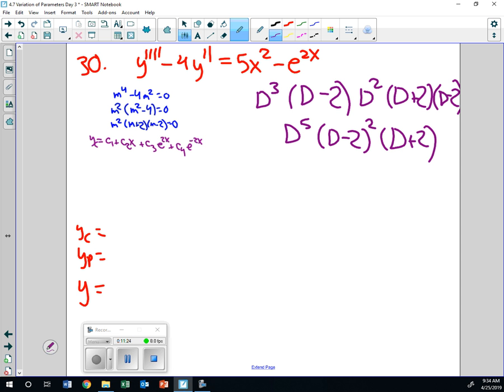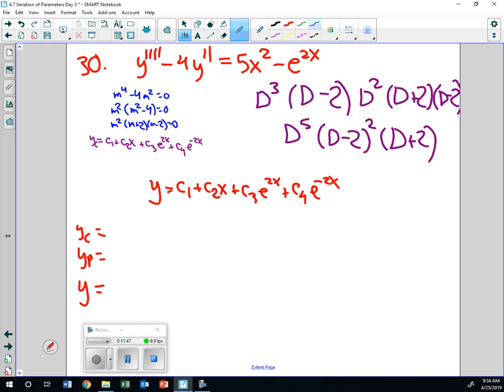What that's going to do, I didn't want to have to write it again, but I will. So what that's going to do for my y is I still have c1 plus c2x plus c3 e to the 2x plus c4 e to the negative 2x.